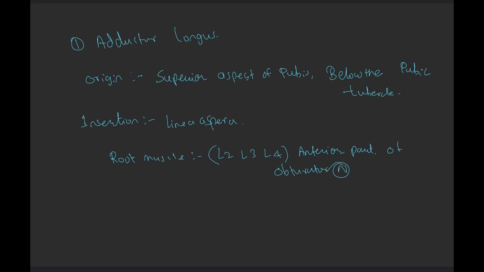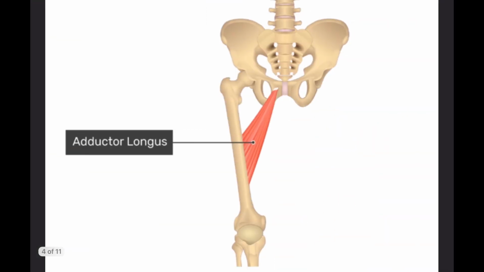Okay, this is the muscle Adductor Longus, and here you can see that it is attached to the linea aspera of the femur, and also running from the anterior part of the pubis.